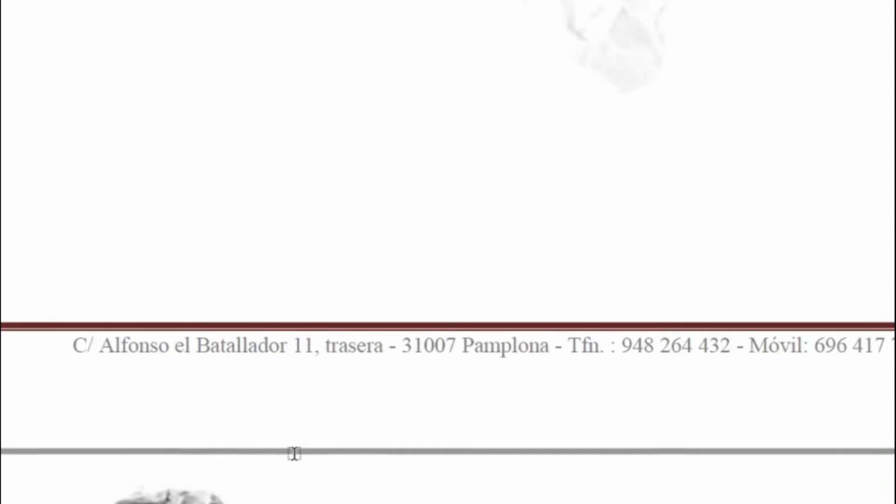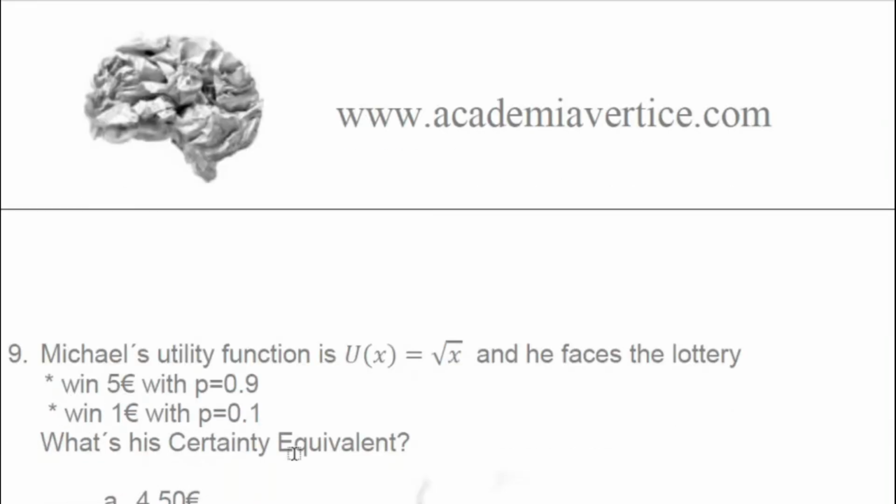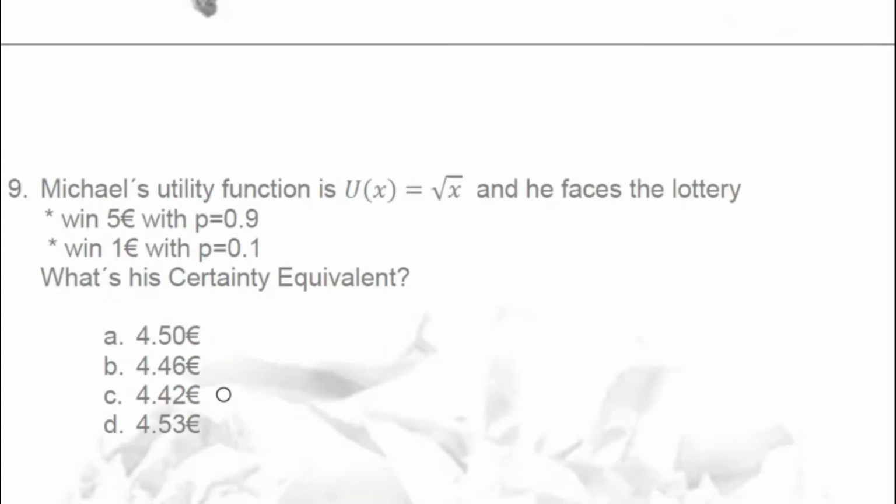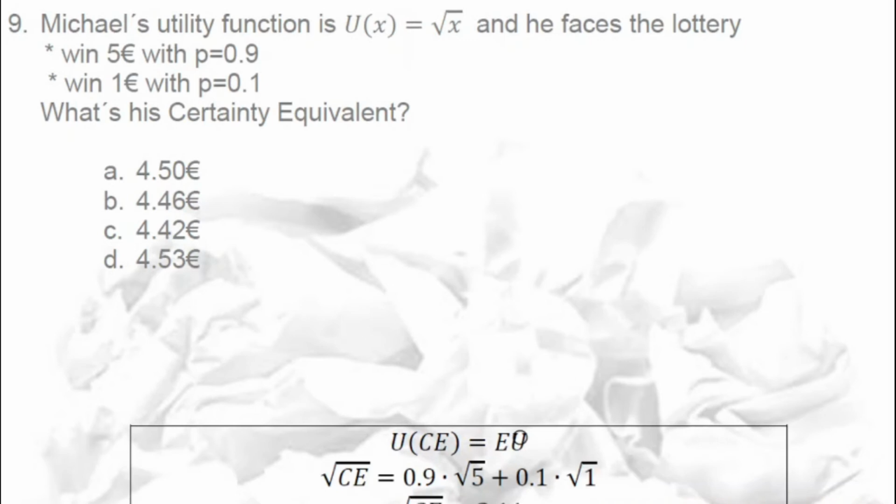Now, question number 9. Michael's utility function is the square root of x, and he faces the lottery: win 5 with a probability of 0.9 and win 1 with a probability of 0.1. What's his certainty equivalent? We should remind that this is the way we find the certainty equivalent with calculations. The utility of the certainty equivalent is the square root of CE.